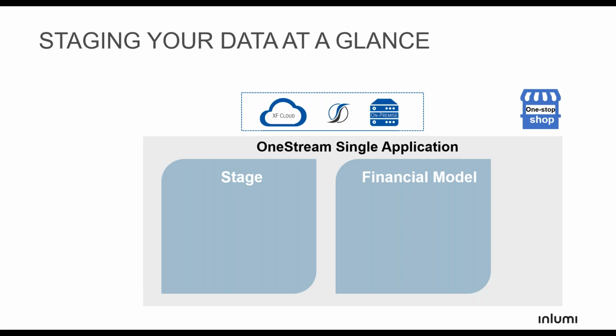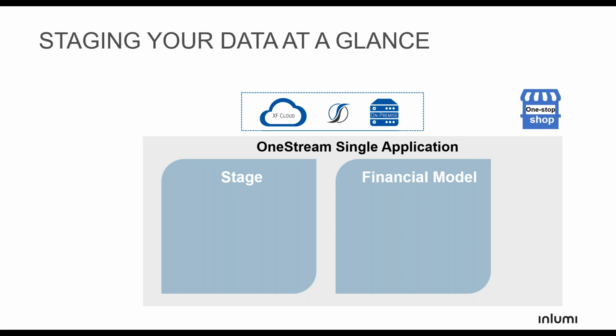So let's start. Staging your data at a glance. As you may know, OneStream is a one-stop shop, okay, where we have different engines. So everything is in one product. It can be deployed in the cloud. It can be deployed on premise. And if we think about an application, we have the financial model where we define all our rules, consolidation, planning, forecasting.